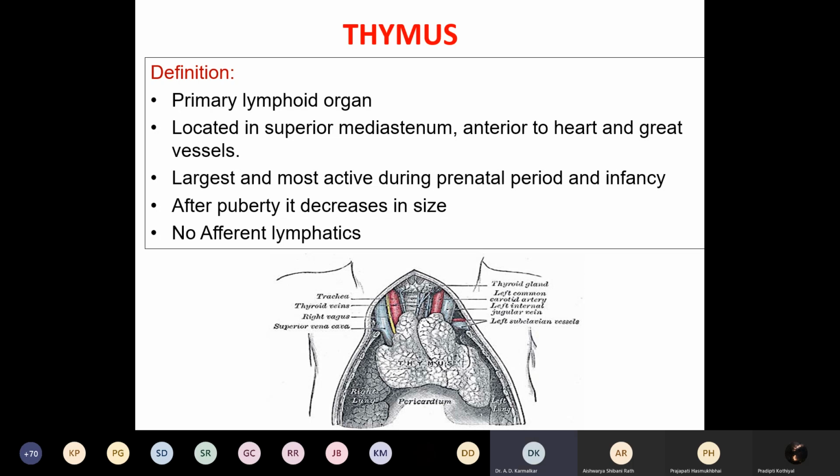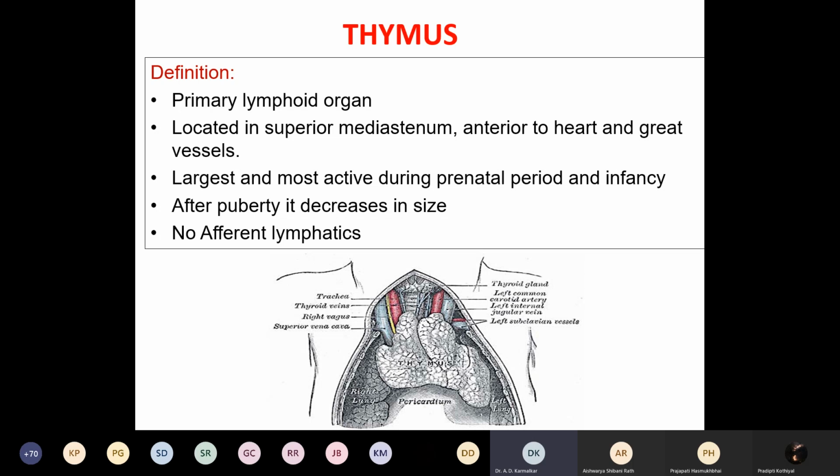The thymus is an organ which is very active after birth. After puberty, it will decrease in size, and it is located in the superior mediastinum. As we reach puberty, its function goes on decreasing and it is present only as a rudimentary part.